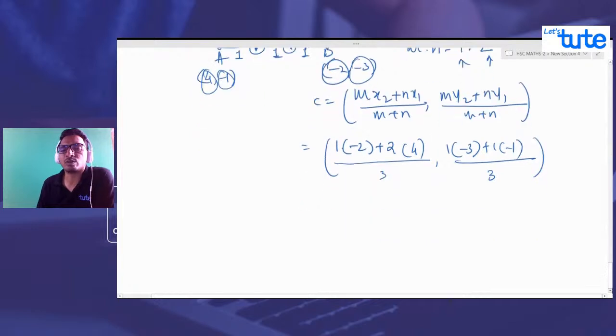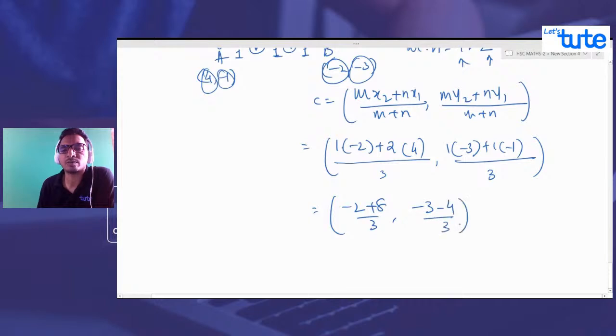So now we are getting (-2 + 8) upon 3, and here (-3 - 2) upon 3.